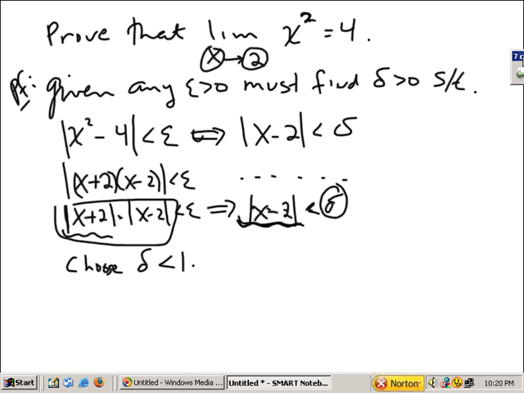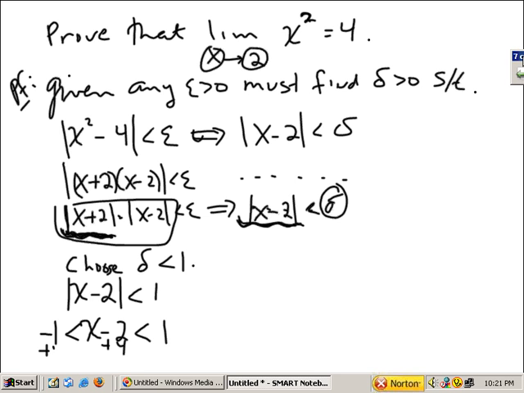So then the right-hand side says that the absolute value of x minus 2 is less than 1. That is, x minus 2 is in between negative 1 and 1. Now, I want to find the bound on x plus 2. Well, add 4 to all three sides. Why am I adding 4?